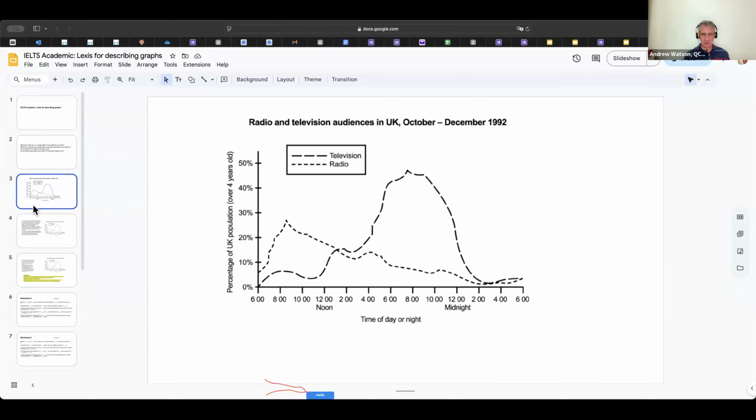Or is it different? So it seems to indicate that radio listening happens early in the morning, doesn't it? That makes sense for me. Yeah, that's when we often listen to the radio. Not so much at night. Seems to be more TV at night.